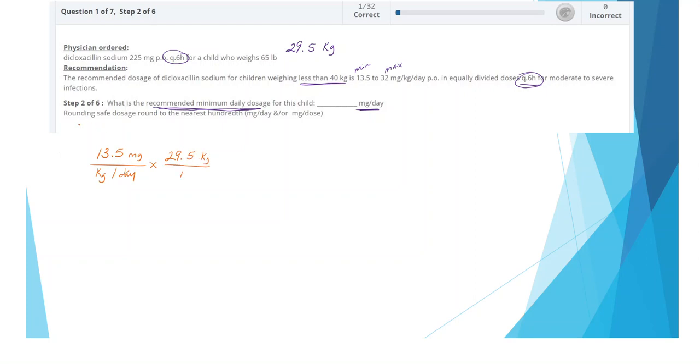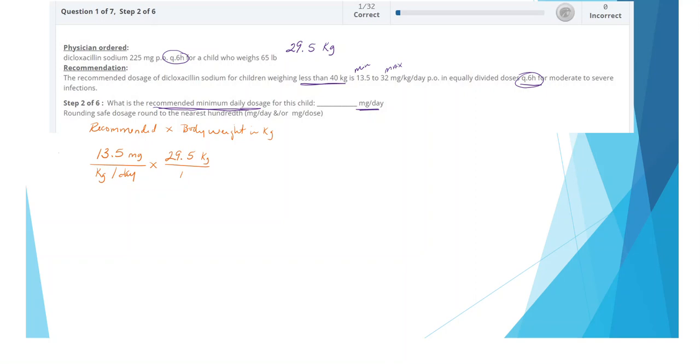One way to remember this, it's your recommended dose times the body weight in kilograms. And so it's always that, whether there's just one recommended dose or a recommended range. So we're starting with our minimum.